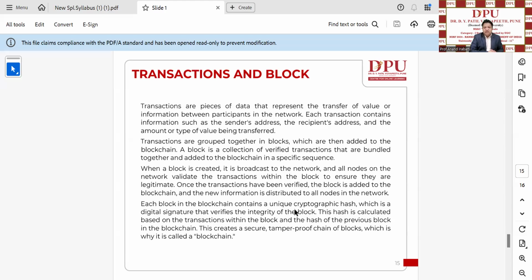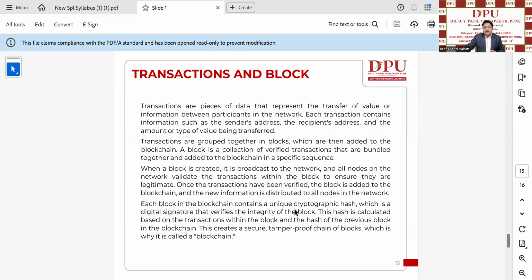So definitely, blockchain enhances transparency, traceability, and accountability in real-world operations. So this is one case study that is very important in blockchain technology.